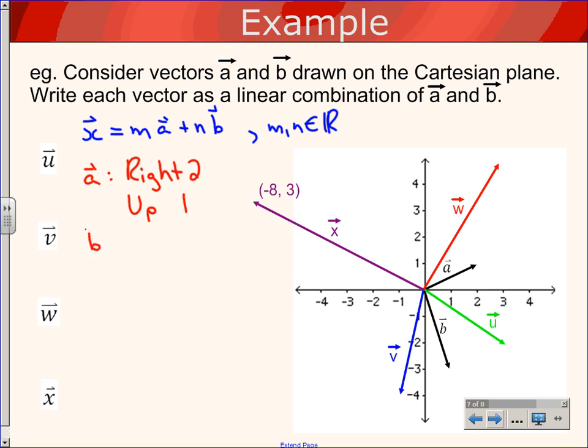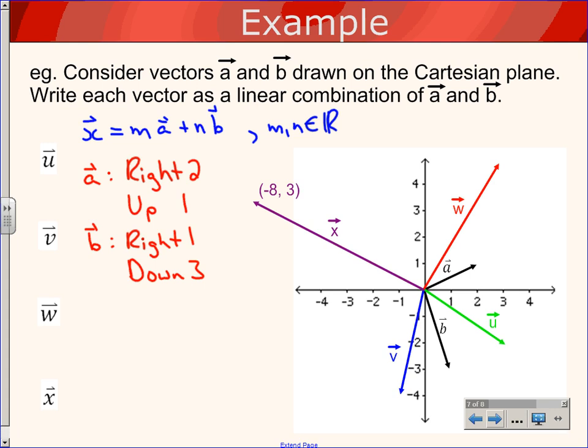Vector b can go right 1 and it can go down 3. And we get both, right? If we use vector b, it's going right 1 and down 3. They both have to happen. If we use 2 vector b's, then we go right 2 and down 6. We could go in the opposite direction for vector b. We could go left 1 and up 3, but they have to go in pairs.